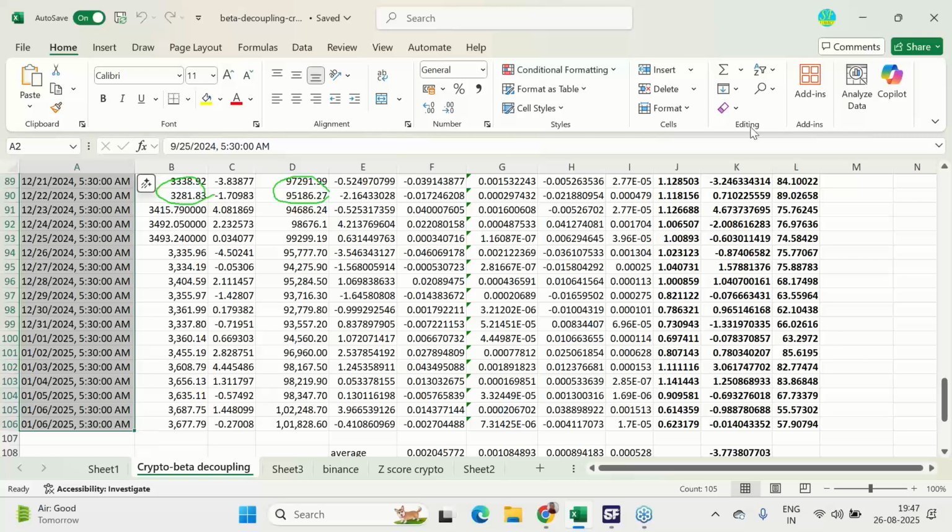When we use the same thing with stocks, we take 30, 60, 90 days, but this is continuous, high frequency data, hence take 100 days plus, below 200 days, so you can get the actual beta decoupling impact.